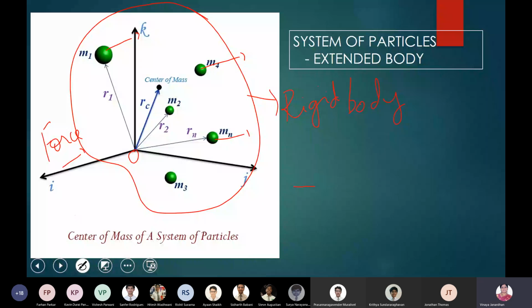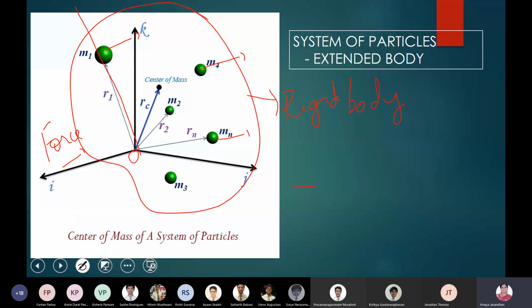Now, suppose when the body is moving, this distance R1 is going to increase. What will happen to the shape of the body? The shape of the body will change. Is that clear, boys? So a rigid body is one which, when subjected to a force, has each and every particle at the same distance from the origin or from each other.